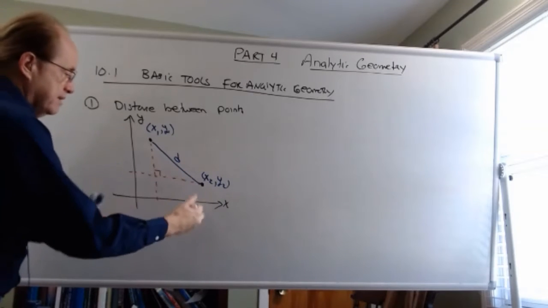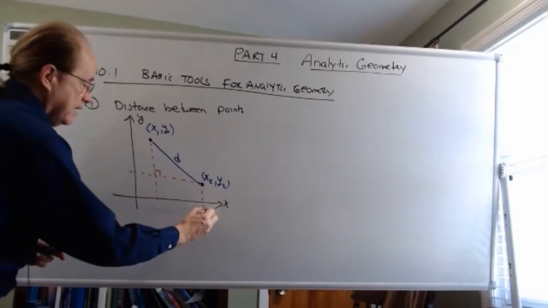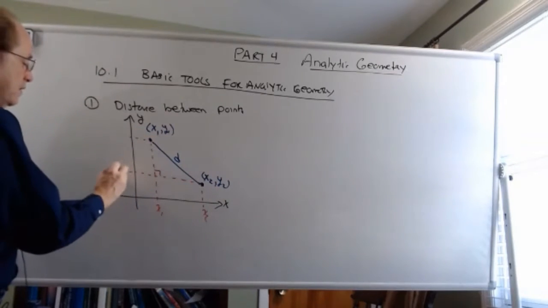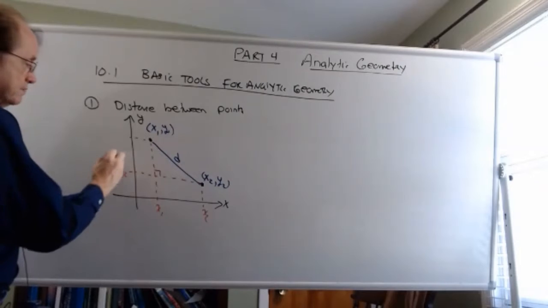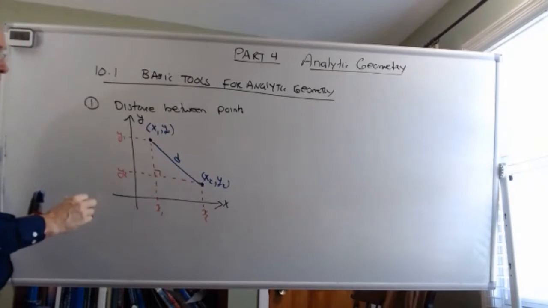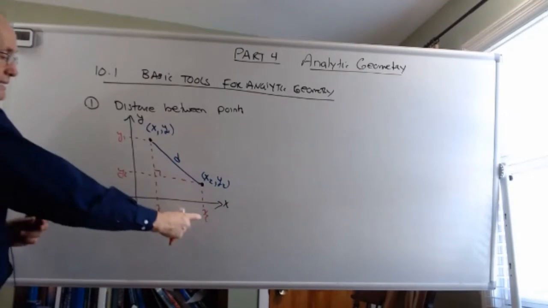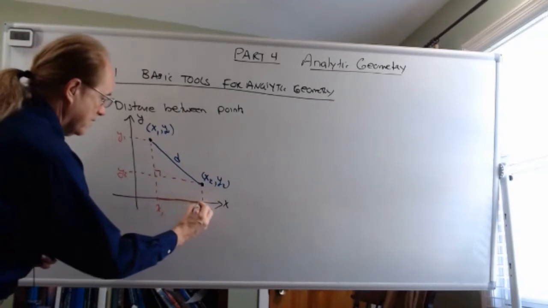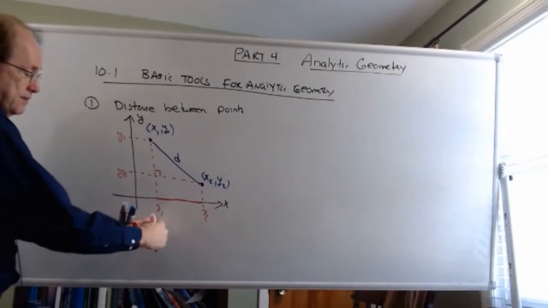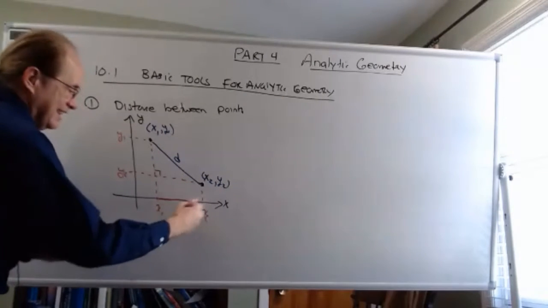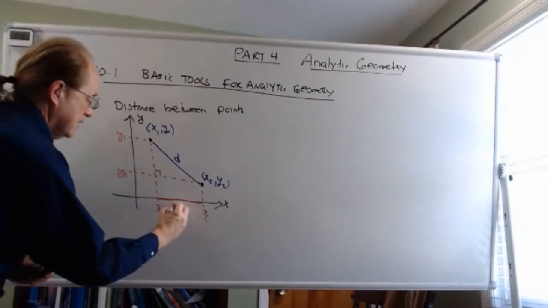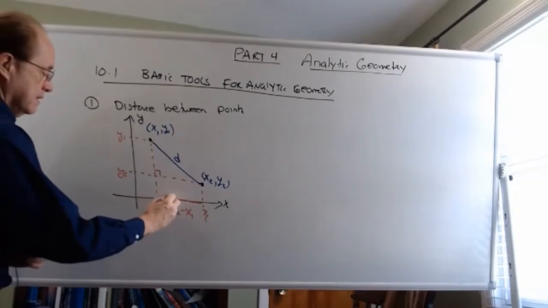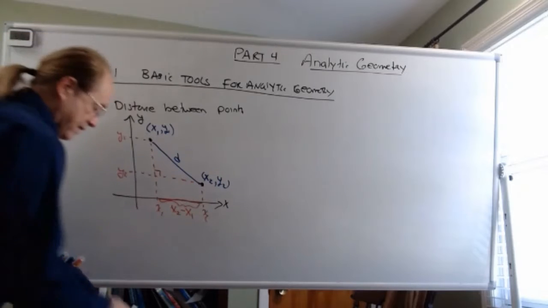Well, if I bring this down here, this is my x2, there's my x1, this is my y2, and here's my y1. So what is this distance here? Well, this distance right over here is nothing more than x2 minus x1. So that's the length of that red line there, just x2 subtracting x1. And that'll give me the length of that right there.